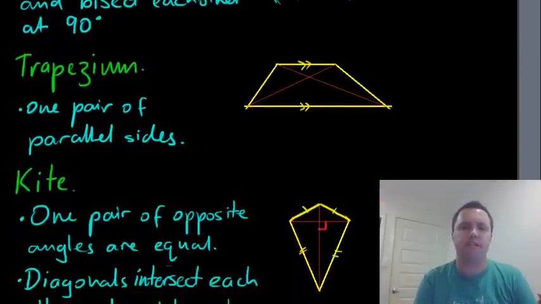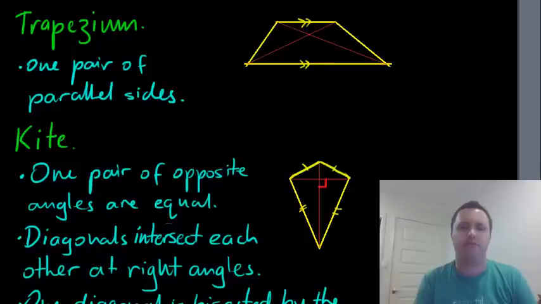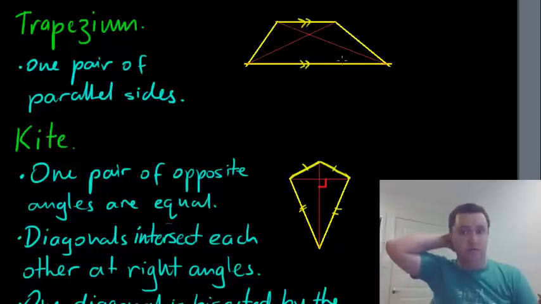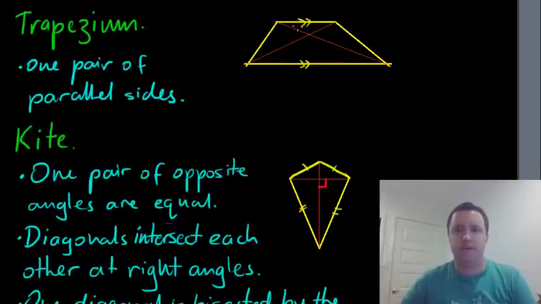Trapezium, the odd one out of our special quadrilaterals. We've got one pair of parallel sides, here and here, parallel but not equal in length, and the extra sides here are not equal in length either. So the main thing you need to worry about with the trapezium is that these are parallel. Diagonals don't bisect each other, and they don't bisect the angles that they're going into.